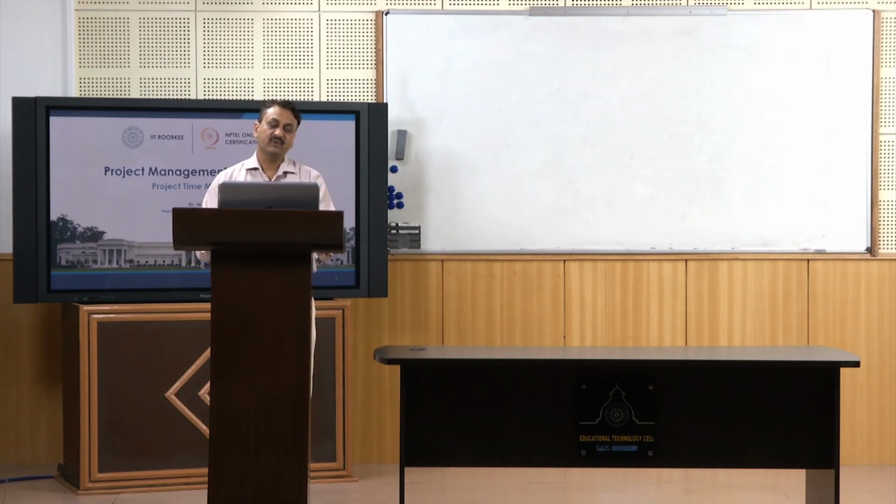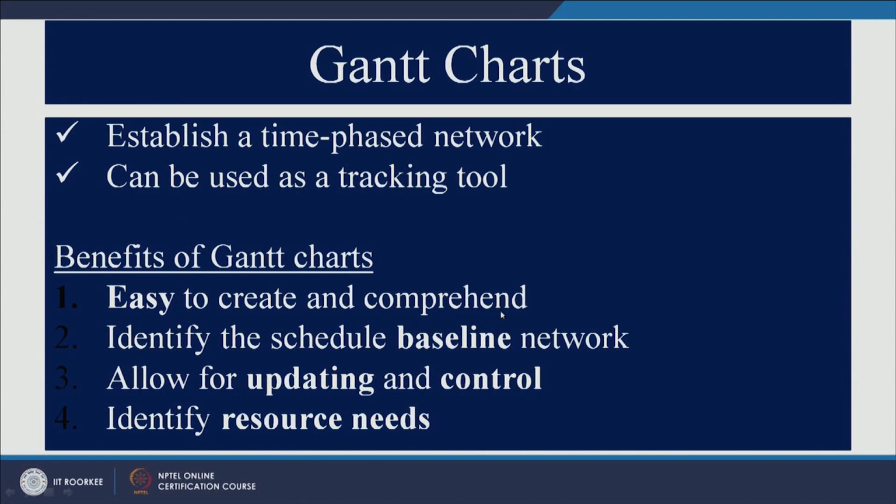Then there are a couple of benefits of this particular chart. It is easy to create and comprehend, identify the schedule baseline network, allow for updating and control. So if you have a bar chart in the beginning, then again it is up to you how frequently you prepare a bar chart.